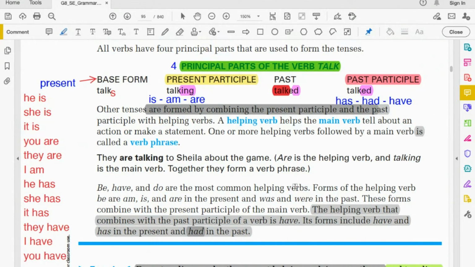My takeaway from today is all verbs have four principal parts that are used to form the tenses. As we continue to review these tomorrow, we want to be sure that we understand the four principal parts because we're going to be talking in upcoming lessons about the perfect and the progressive tenses, which are formed from these four principal parts of the verb.